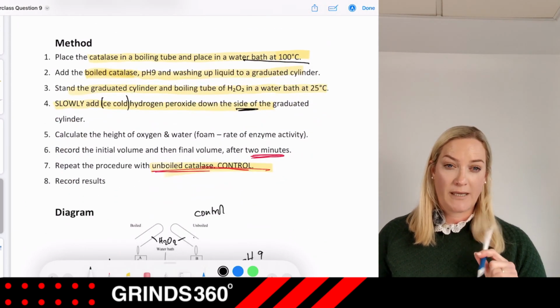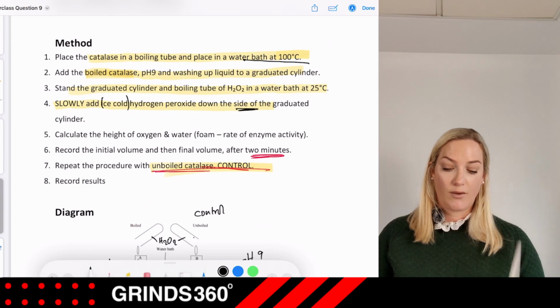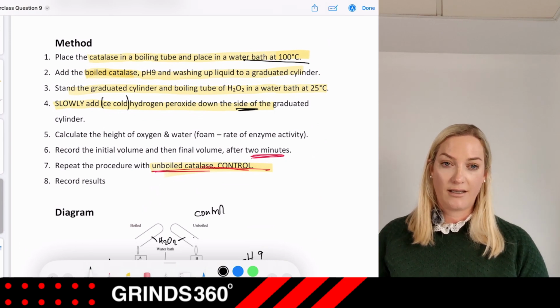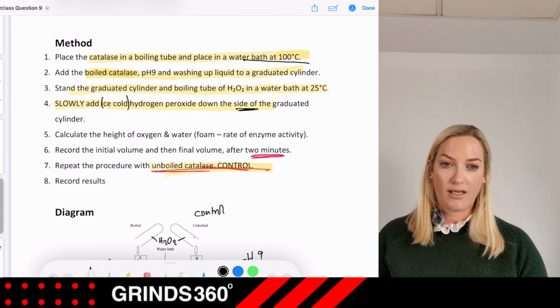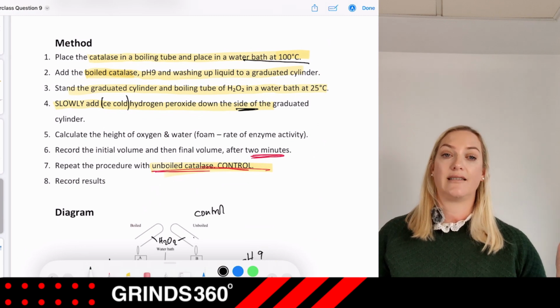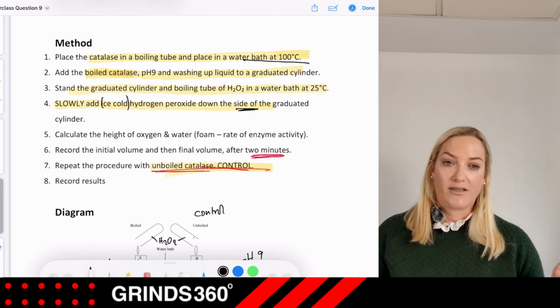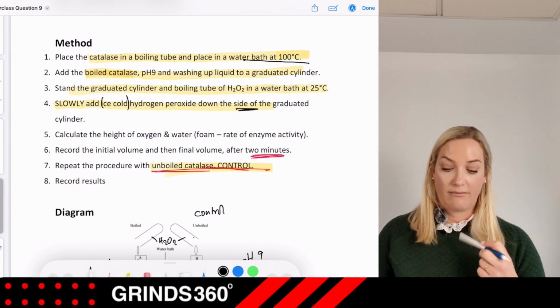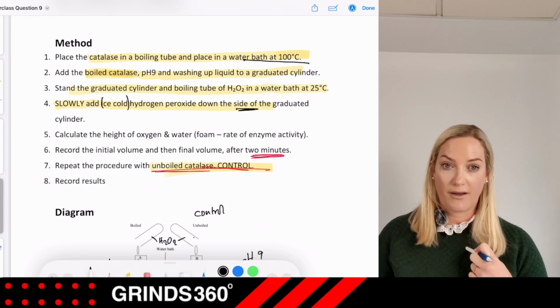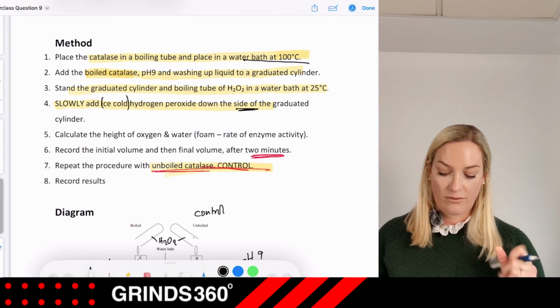If I was setting my mock paper this year, I would put in either heat denaturation or pH in section B on question 9. And the other one, whichever one I did not use, I would put in question 16 or 17 as a 30-mark question. That's what I would do if I was setting a mock, but I'm not. But that's what I would do here.